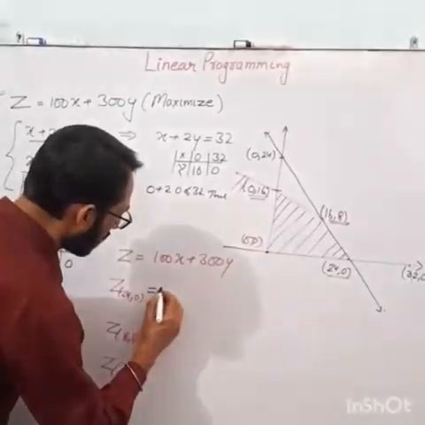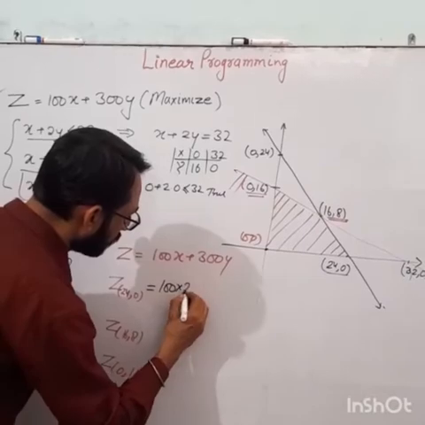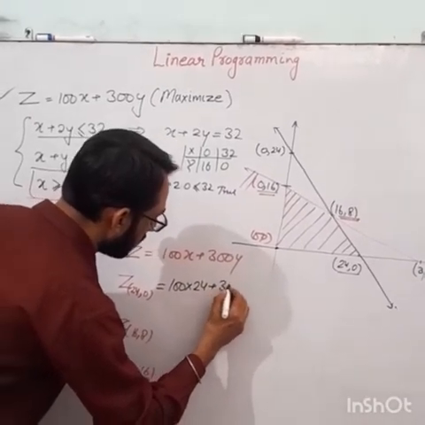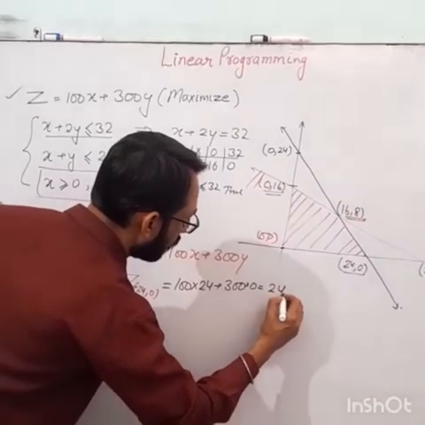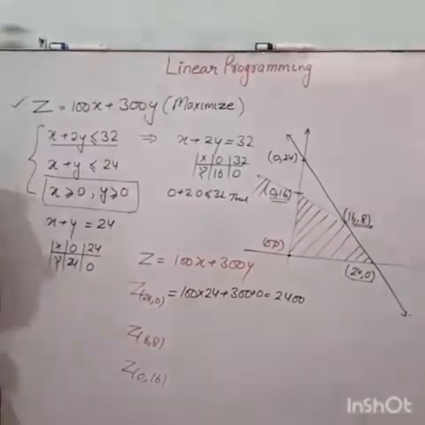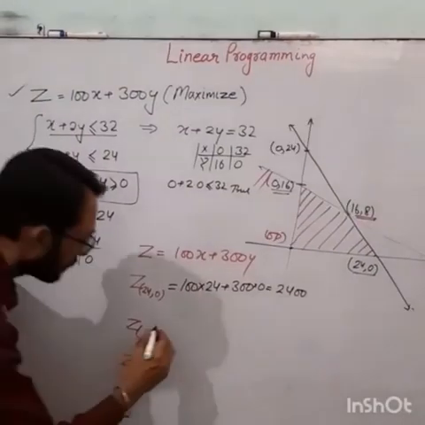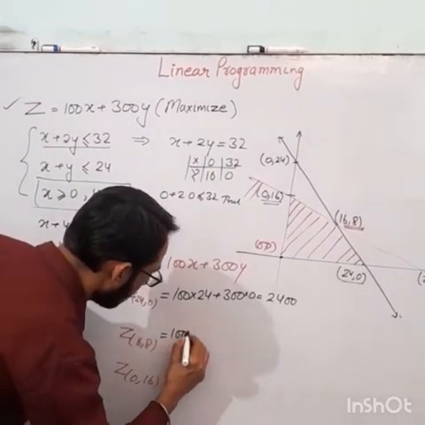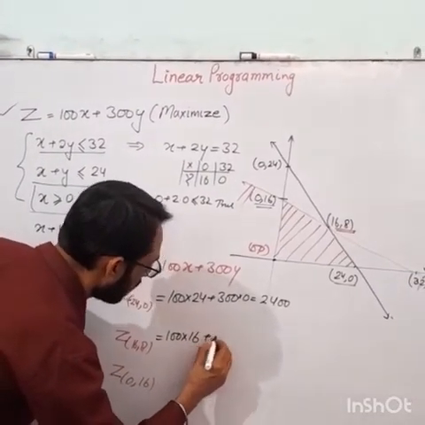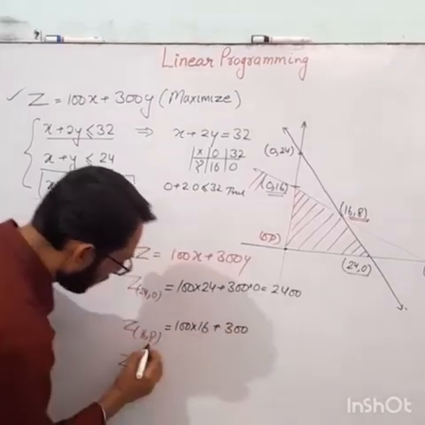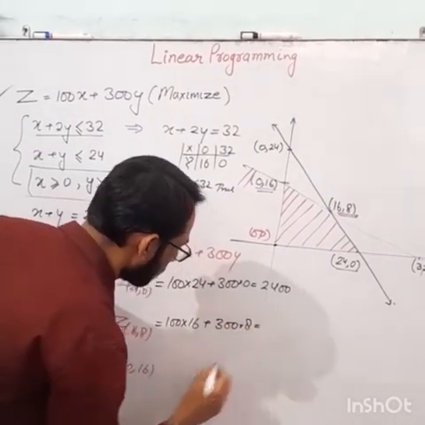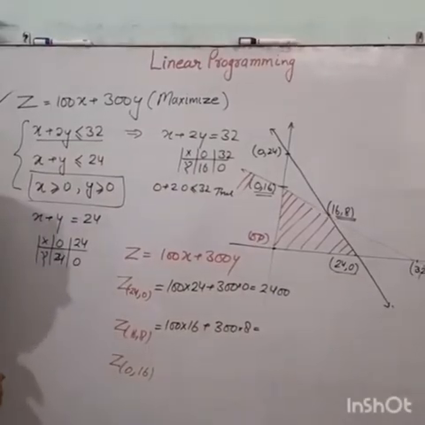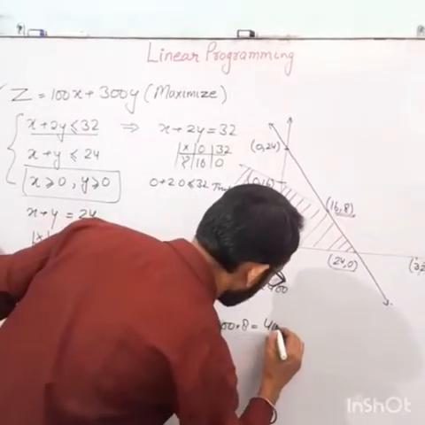At the first corner point, 100 into 24 plus 300 into 0 will be 2400. Next will be 100 into 16 plus 300 into the value of y, that is 8, which is 4000.